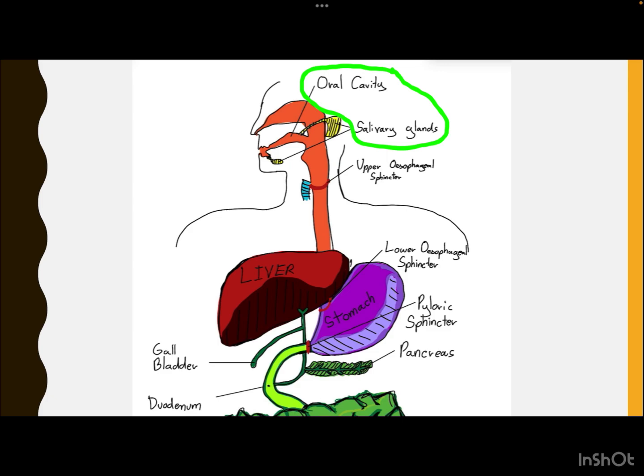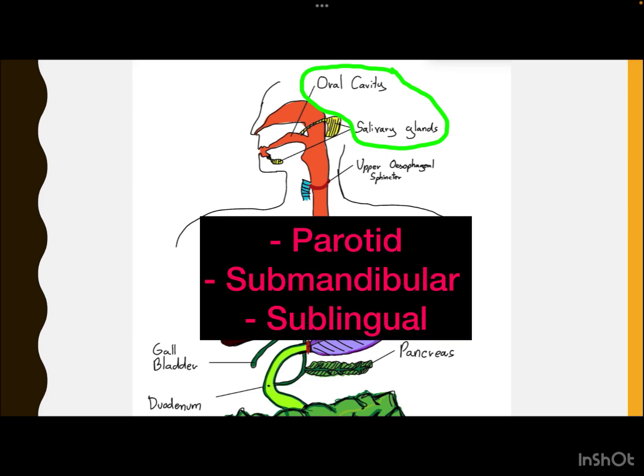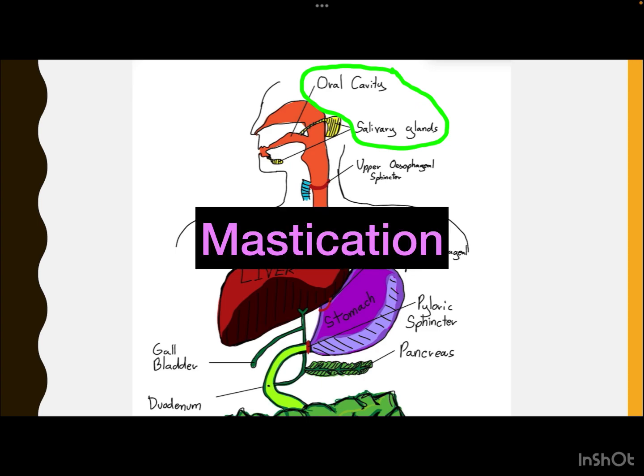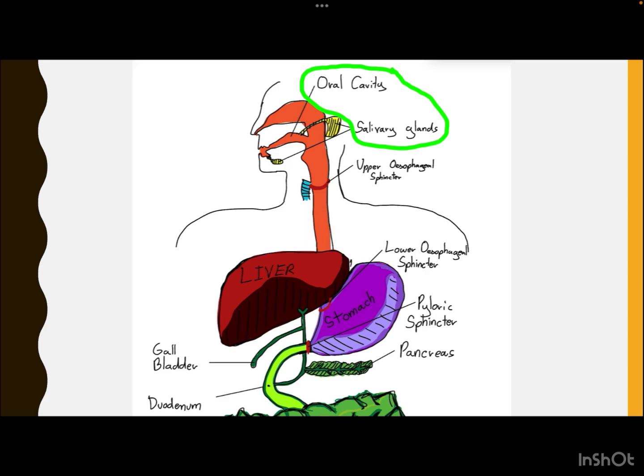This saliva is produced by the three major salivary glands, which are parotid, submandibular, and sublingual, which each produce different types of saliva. The food is further processed by your teeth, which will grind up your food. This process is called mastication, which is a mechanical process. That's basically when you chew your food.